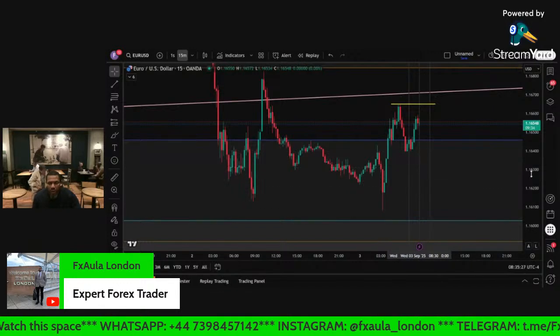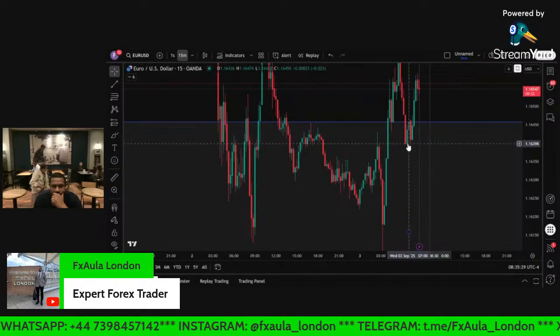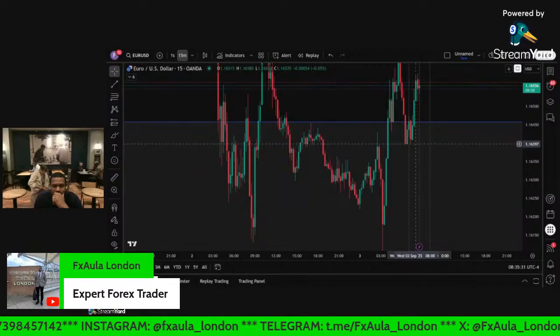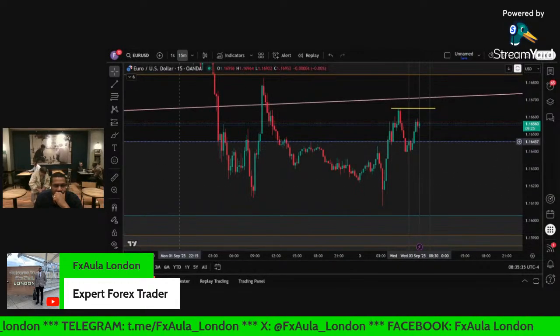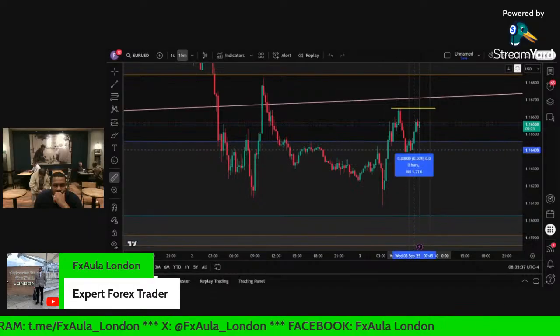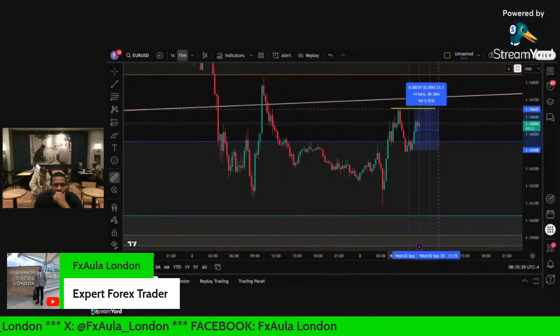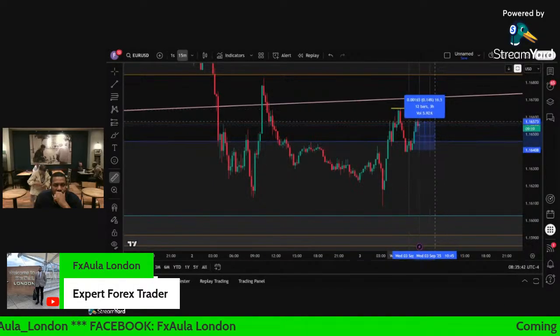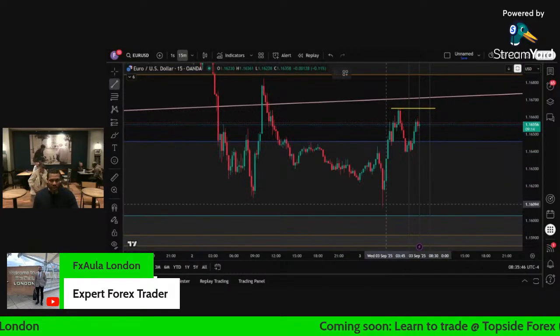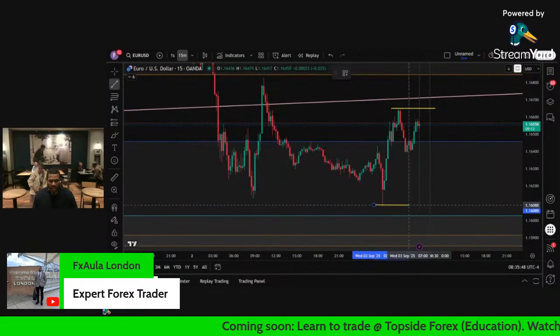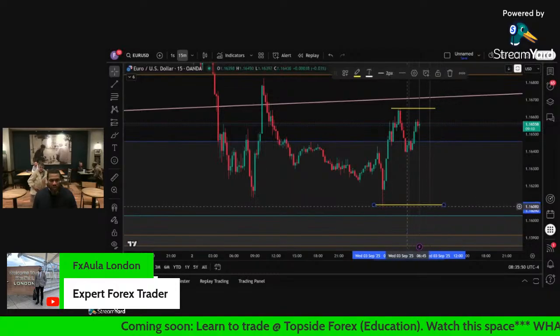Let me see if I can see a swing low. This looks like a swing low, but I don't like it. I think I'll just denote this one.